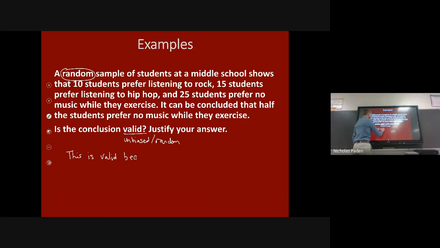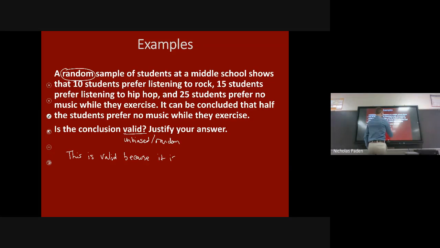because, and the reason why we would give for it being valid is we need to say what type of sample it is. Is there a system that they're using to choose these students? There's no system. So if it's not systematic, it would be a simple random sample.